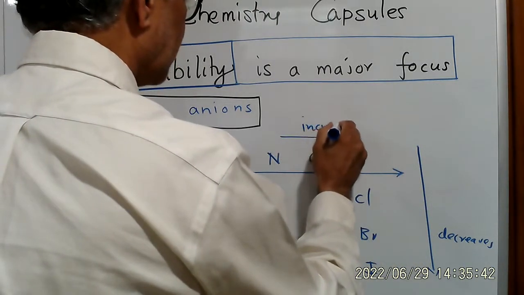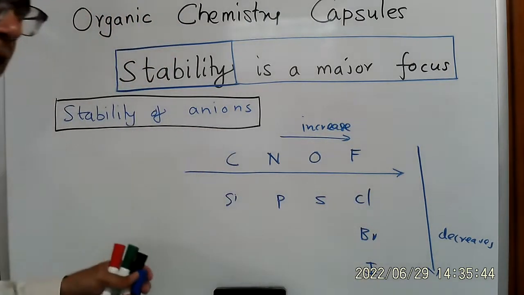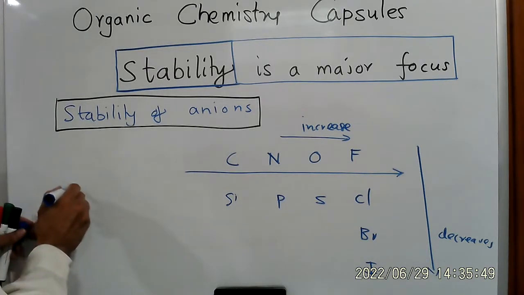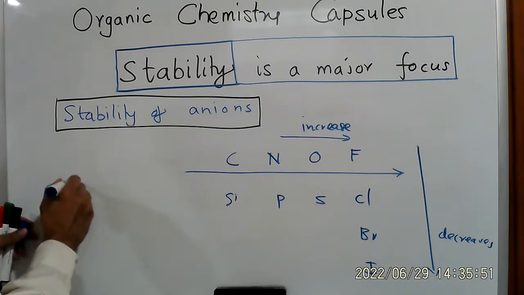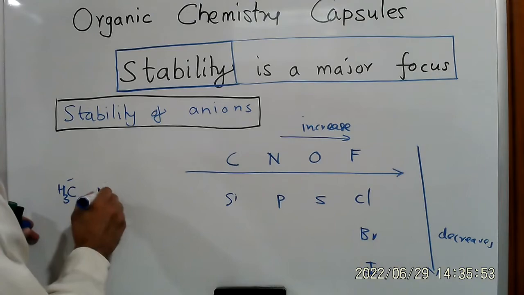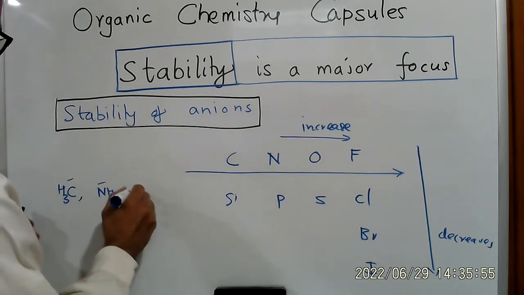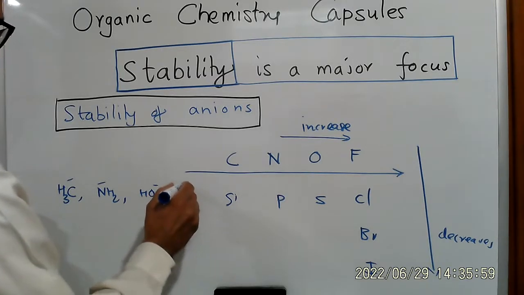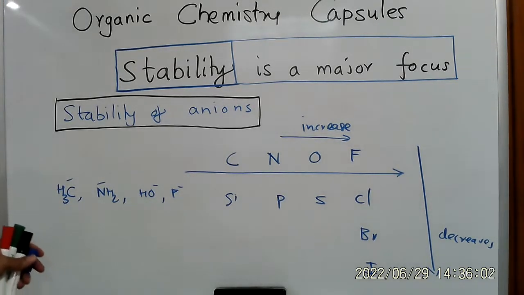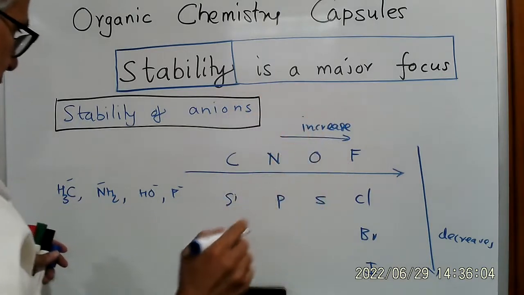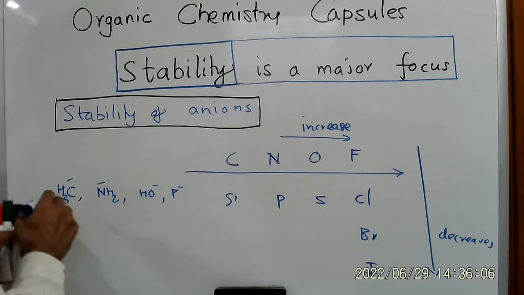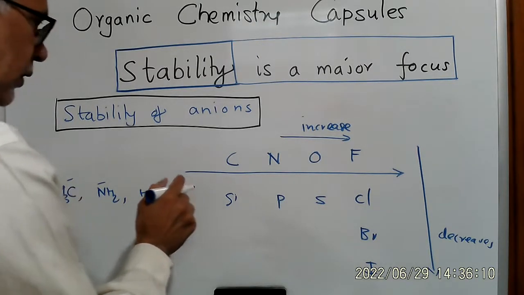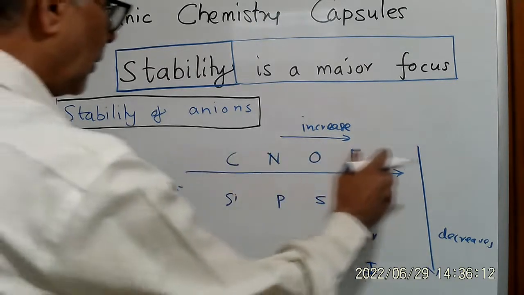So as you see, fluorine is the most electronegative atom. So when we are comparing anions of this type, CH3 minus, NH2 minus, OH minus, F minus, the negative charge is on the second row elements: carbon, nitrogen, oxygen, fluorine. All of them are in the same row.